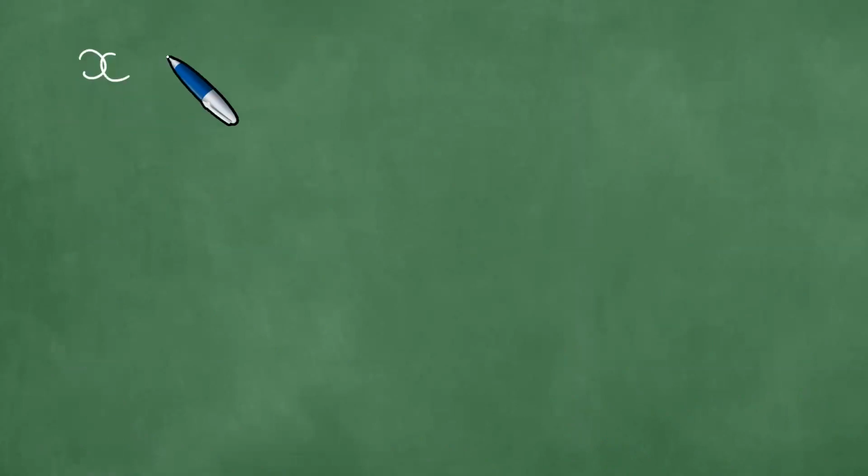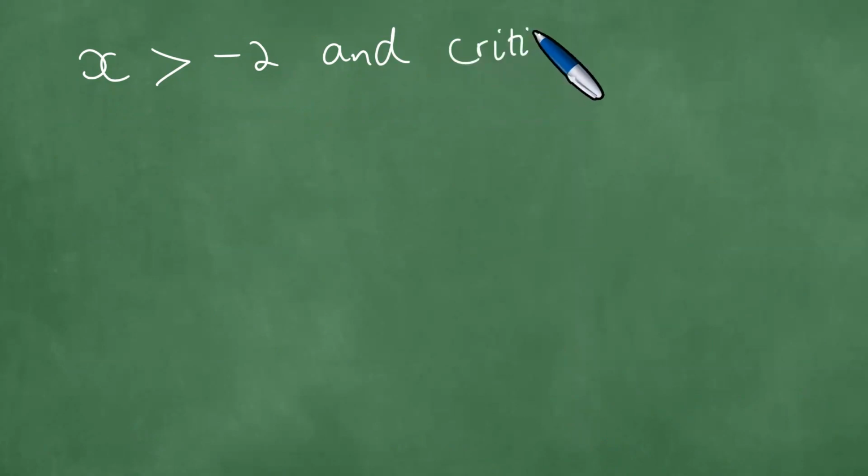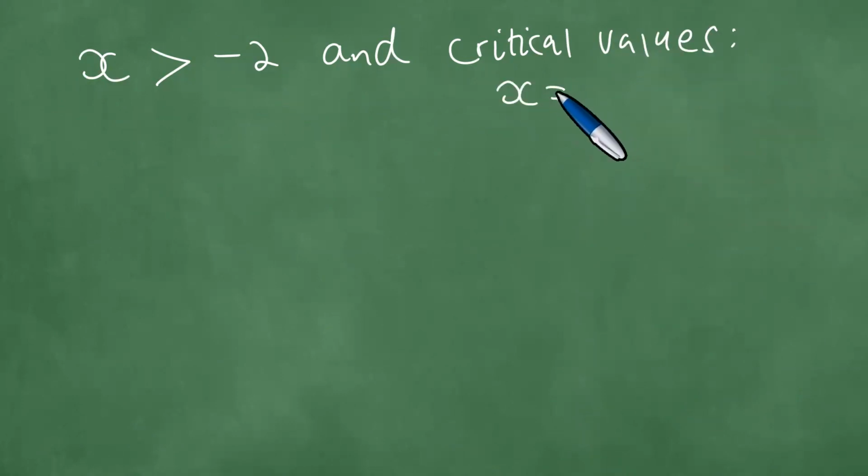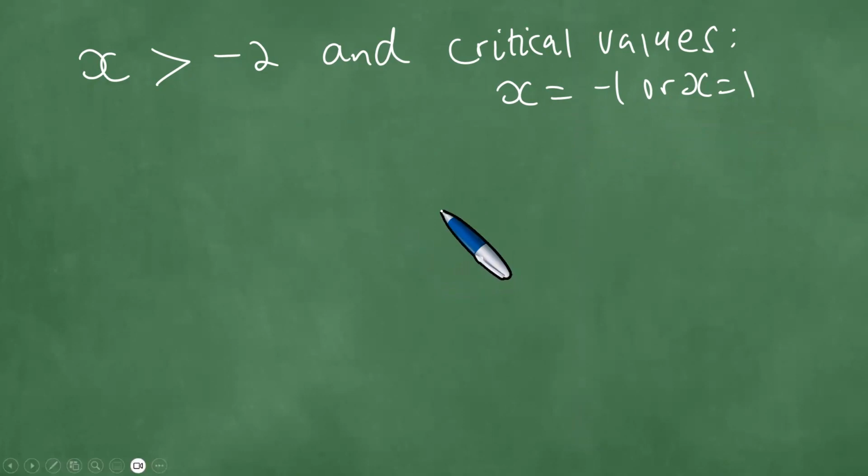So we have seen that we have x bigger than minus 2, and we have the critical values, x equals minus 1 or x equals 1. Now, what is the meaning of this?